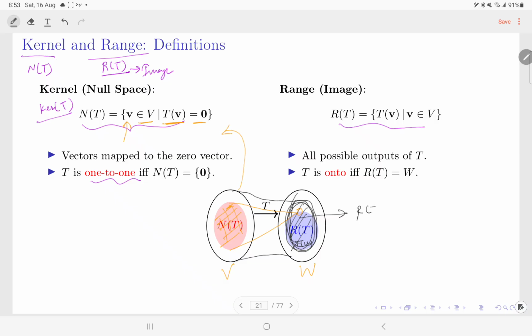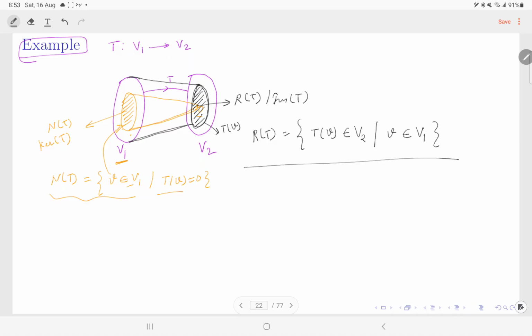So RT is nothing but we are looking for TV, which will be an element of this vector space W, such that there exists V in vector space V. So this is your range of T or null of T.